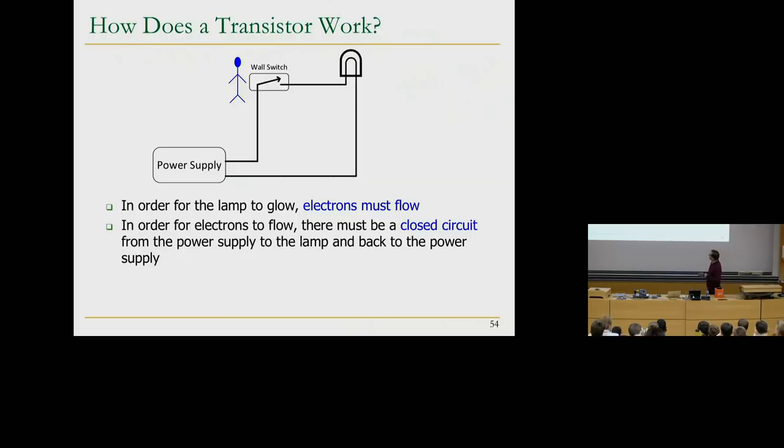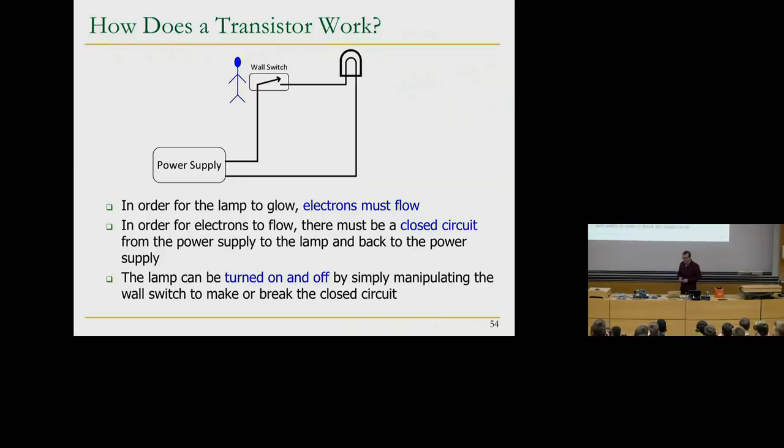Very similar to this analogy over here, in order for the electrons to flow through a piece of circuit, there must be a closed circuit from the power supply to the lamp and back to the power supply. And by turning on this wall switch, we're actually enabling that closed circuit such that the power supply can circulate power into the lamp over here.